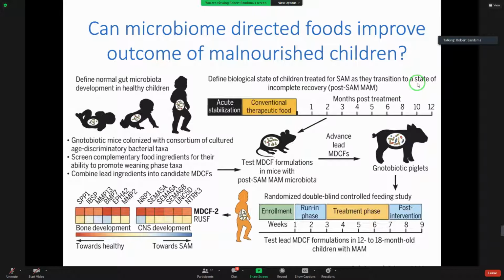So instead of giving a probiotic or oligosaccharides or antibiotics, or changing the microbiome with a specific medication, can we actually use foods, rather than foods targeting growth directly through the caloric intake and the protein intake, to affect growth through modulating the microbiome?